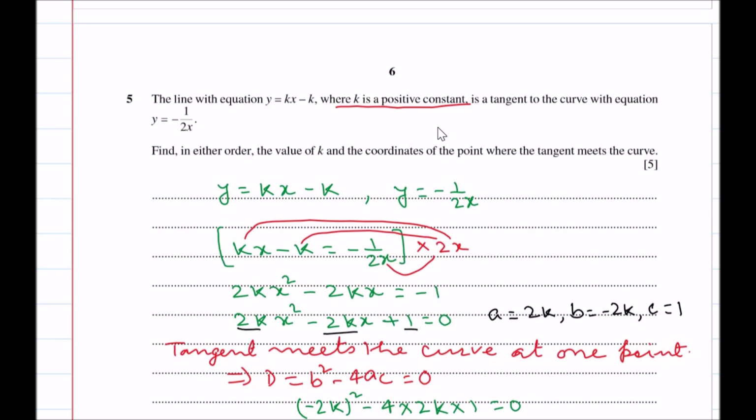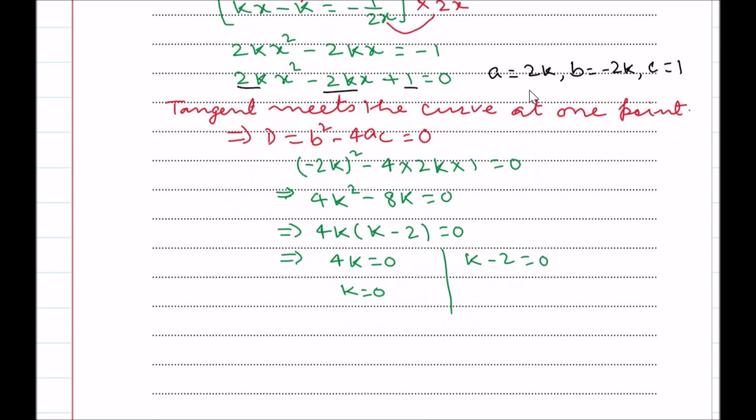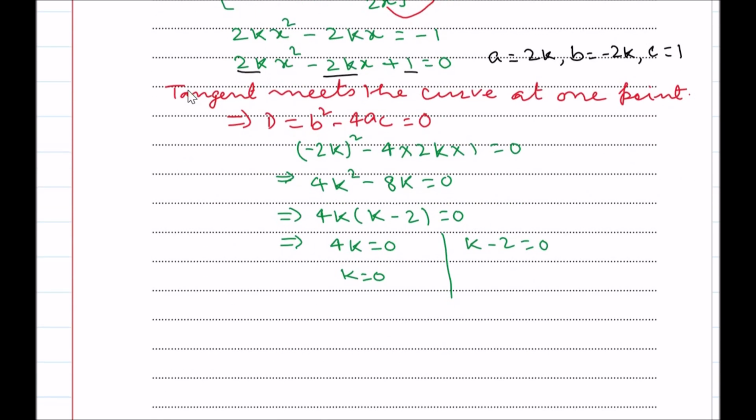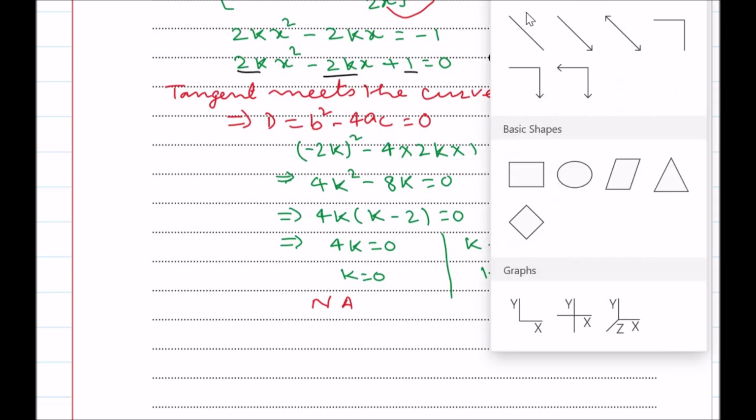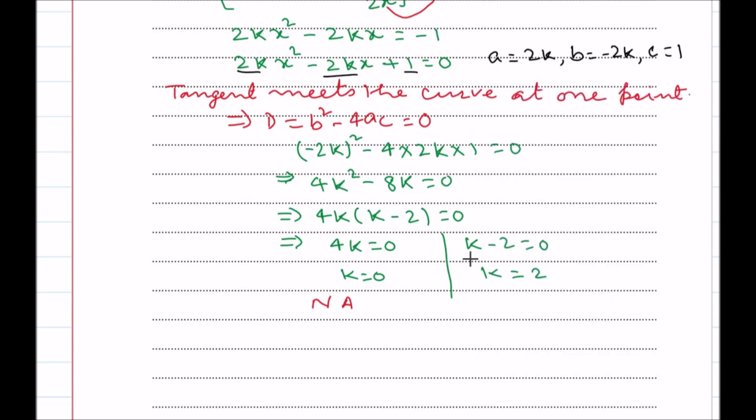So positive constant means greater than 0. It cannot be 0. So this is not acceptable, or not valid. Next, this part gives us k equal to 2. So we will highlight our answer. Question is asking value of k. We got value of k equal to 2.